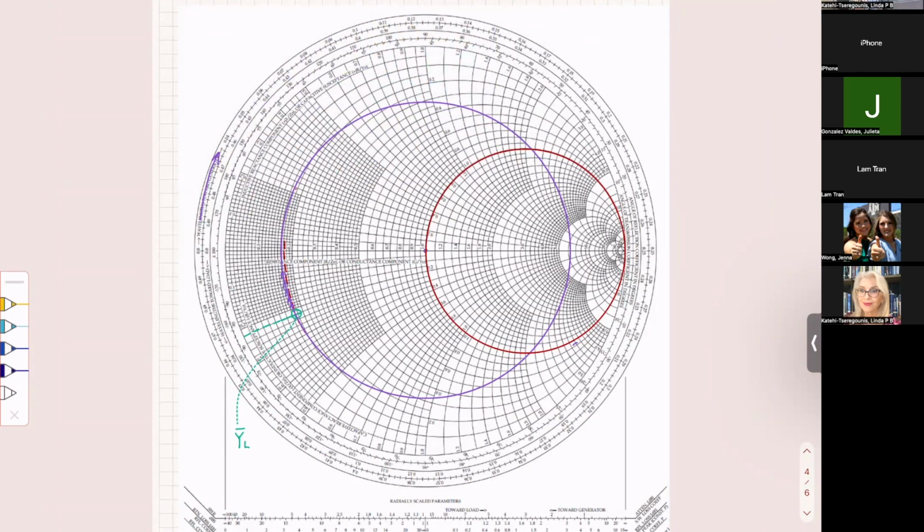The question is, why do I select this circle? Why did I select the circle whose real part is equal to 1? Can anybody tell me?